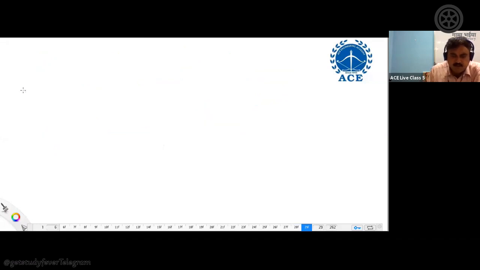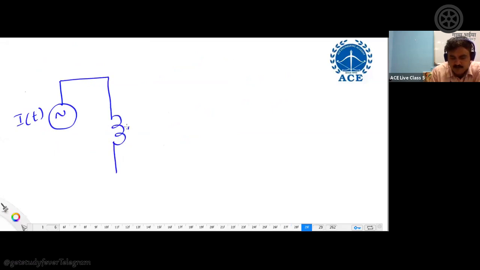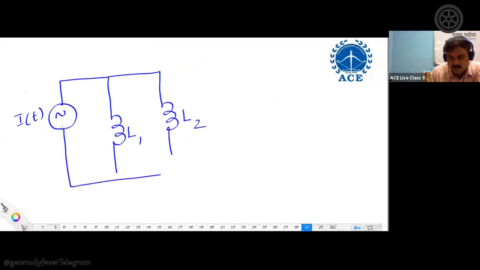Next. Now, if you take inductors in parallel, same logic. I am taking an AC current source and connecting two inductors L1 and L2 between the same set of nodes. Let these nodes be node A and node B. Let the value of the voltage at the node be V of t.